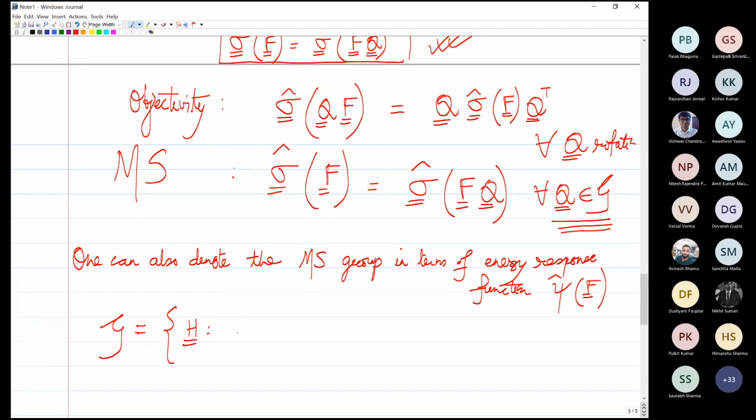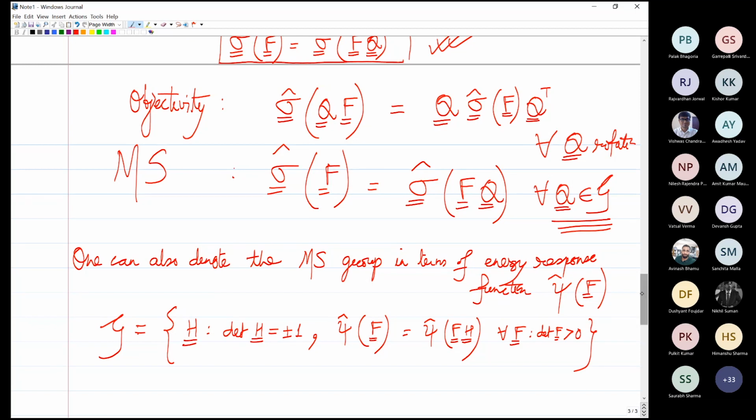H such that det H equal to plus minus 1, and furthermore psi hat of F is equal to psi hat of Fh for all F such that det F is greater than 0.